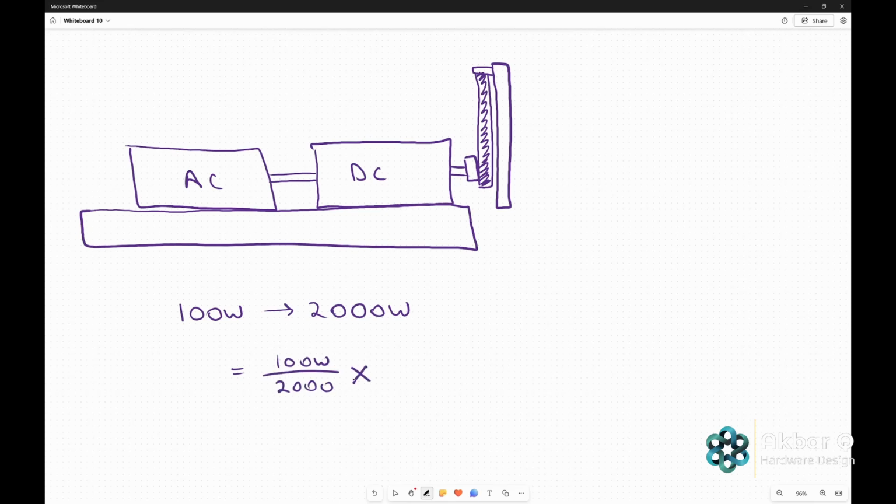The answer is no. Why? Because the DC machine also has an efficiency. The DC motor might have an efficiency of 50%. That means that the formula for calculating the efficiency is 100 divided by 2000 multiplied by 0.5, instead of 100 divided by 2000.